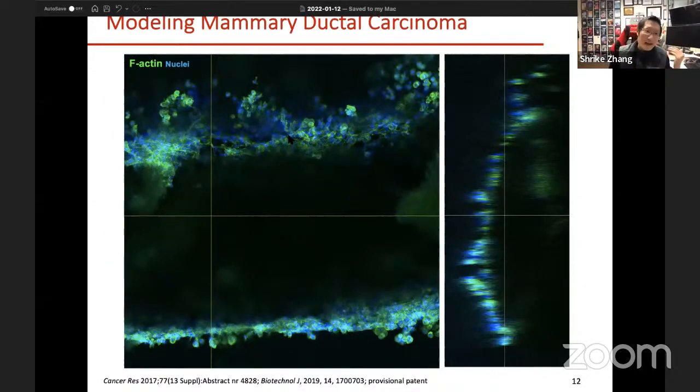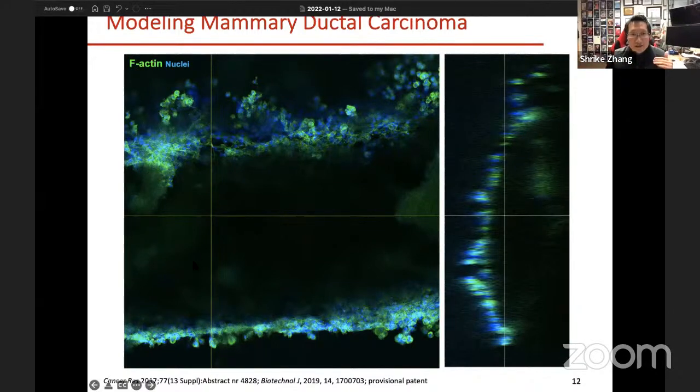And here's a confocal image showing the same process. Basically, not only can you see how the breast cancer cells were invading into the surrounding matrix, but also how they at the same time formed these inward aggregations, which are very similar to the in vivo configuration, right? Because in vivo, not only are the cells going outside, but they are also proliferating within the ducts, and they eventually block the ducts at a later stage.